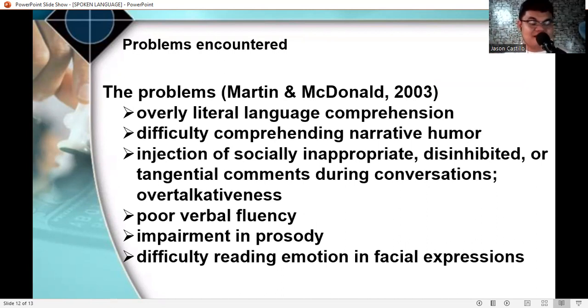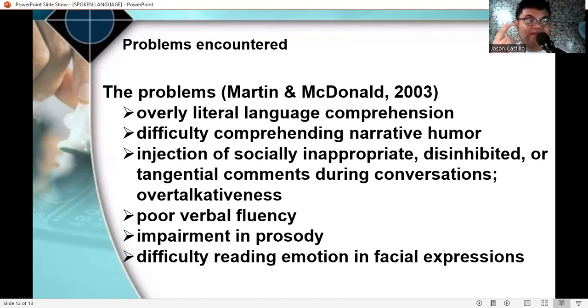Of course, as we've mentioned a while ago, if the child is less competent when it comes to spoken language, she will not be able to read. And if the student cannot read, it will be very difficult for that student to learn. Another thing is, if the child has low spoken language competence, it will be very difficult for him to communicate with others.